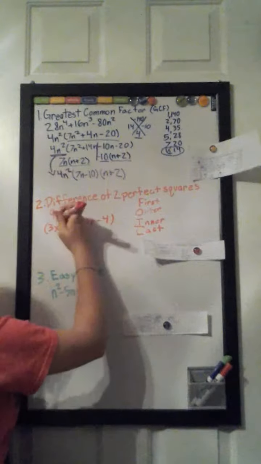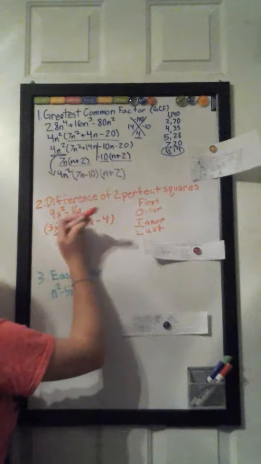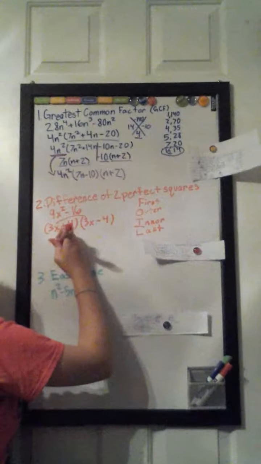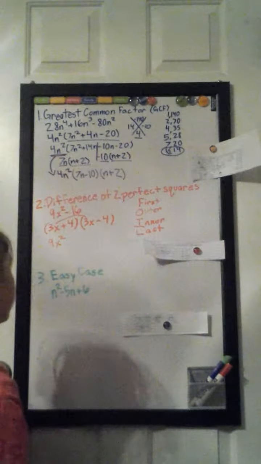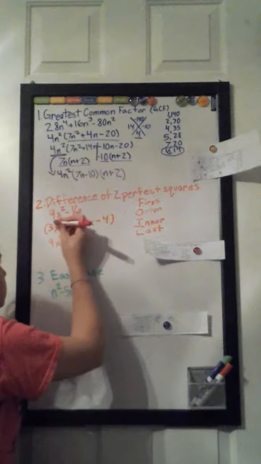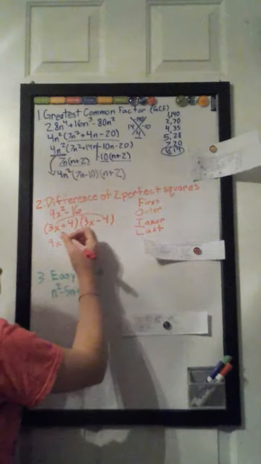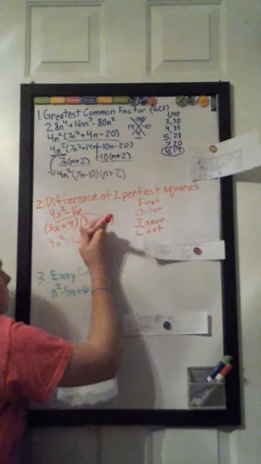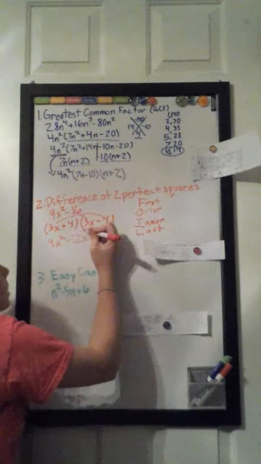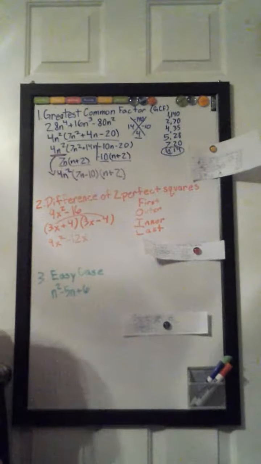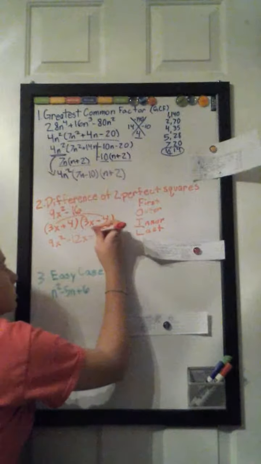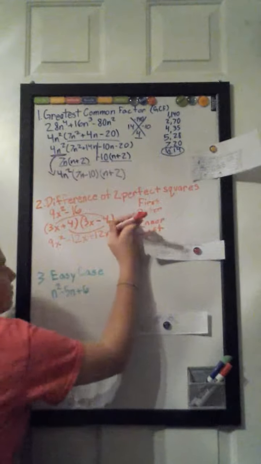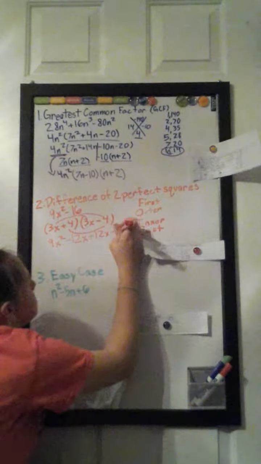Let's do the first two. 3x times 3x gives you 9x squared. Then the outer two, 3x times negative 4 gives you negative 12x. The inner, positive 4 and 3x, gives you positive 12x. And the last, positive 4 and negative 4, give you negative 16.